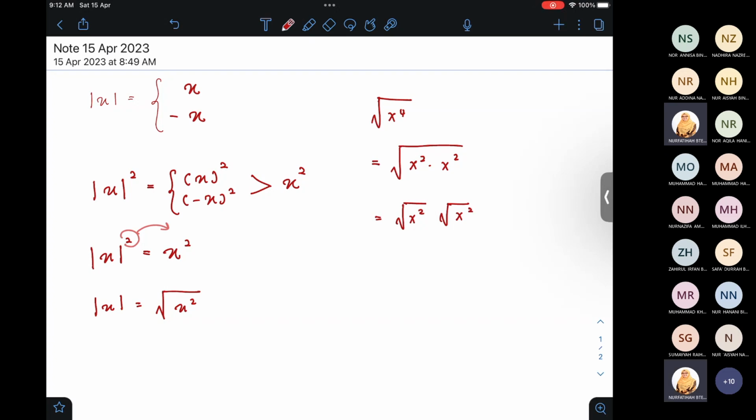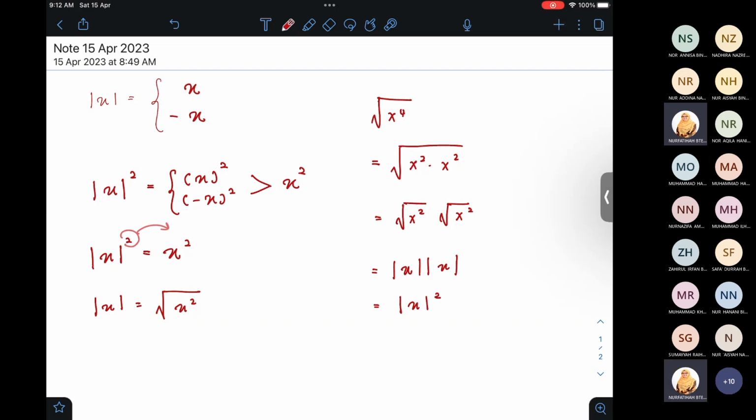Square root x squared dapat apa? Modulus x, and this next one pun modulus x. Modulus x darab modulus x ialah modulus x to the power of 2.